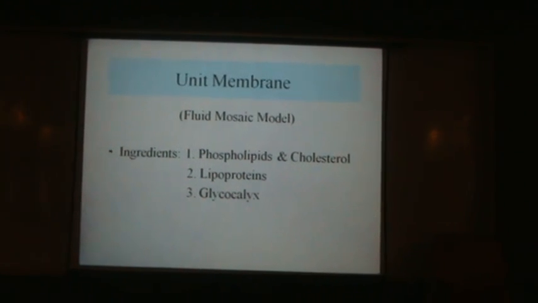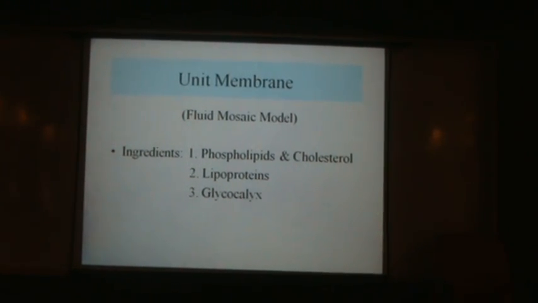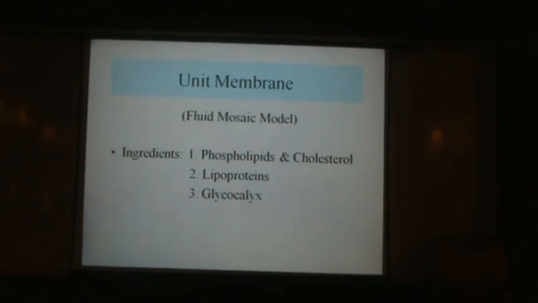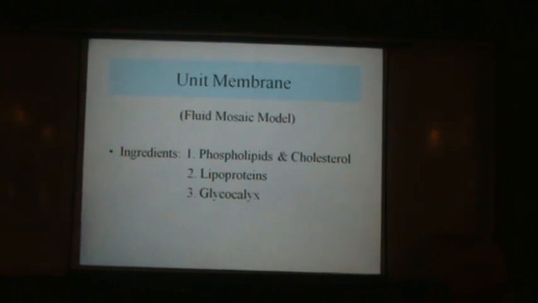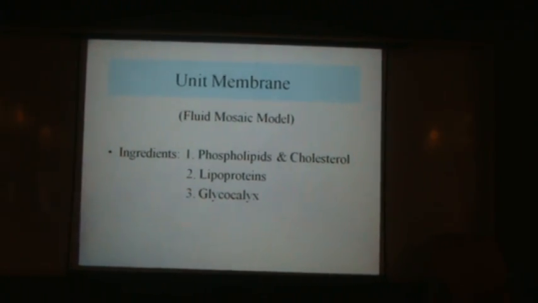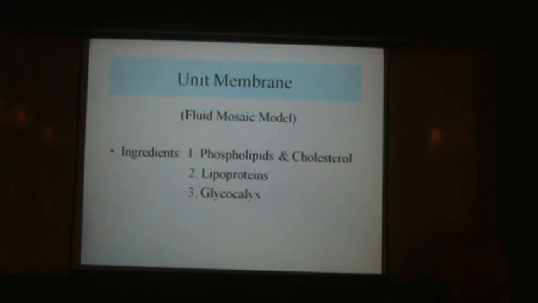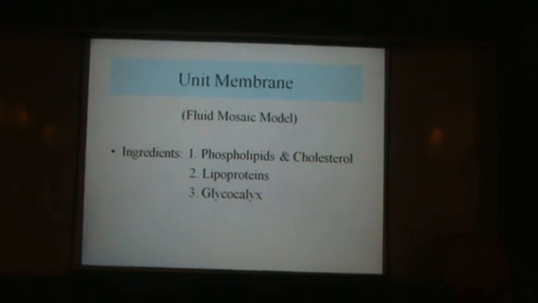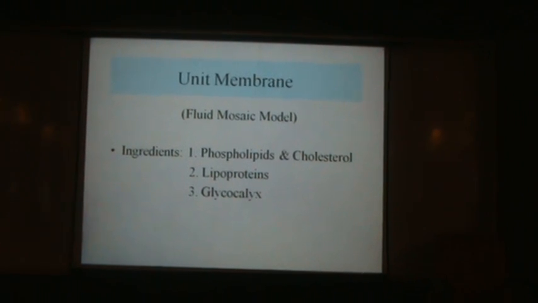So carrier proteins act as a carrier for substances like glucose and amino acids, channel proteins allow movement of ions through those particular channels, and peripheral proteins act like enzymes for catalyzing particular chemical reactions. These are the three types of proteins present in the membrane.